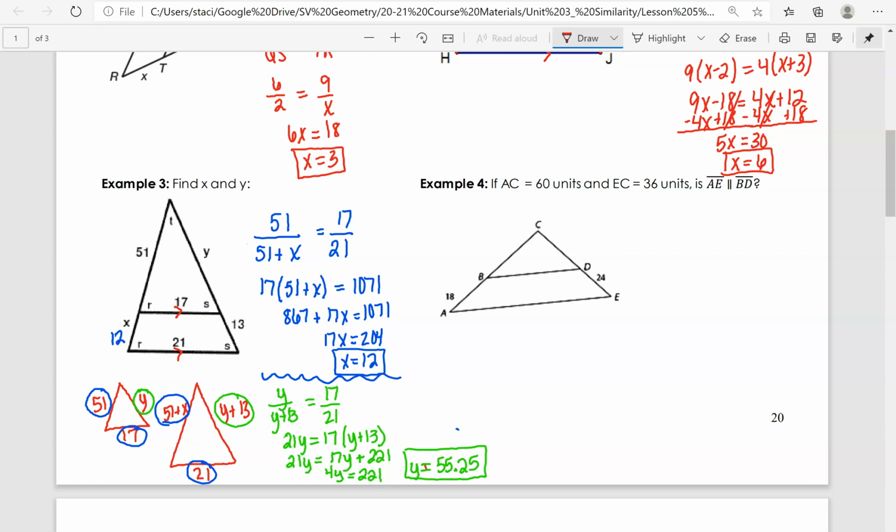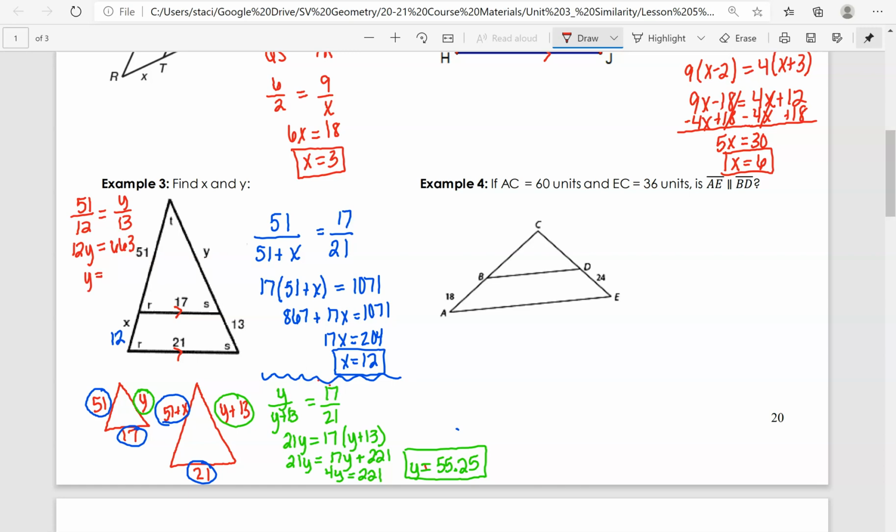And so if I set it up using the side splitter theorem, I'd have 51 over 12 equals y over 13. And so if I cross multiply, 51 times 13 is 663, and then 12 times y is 12y.